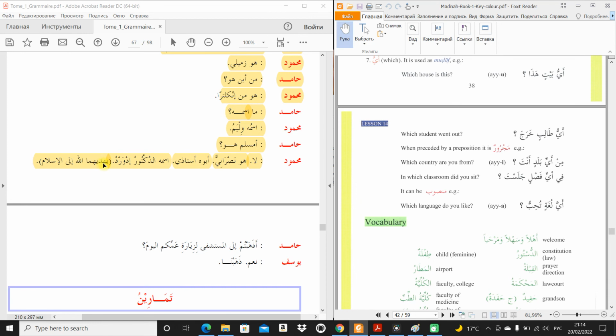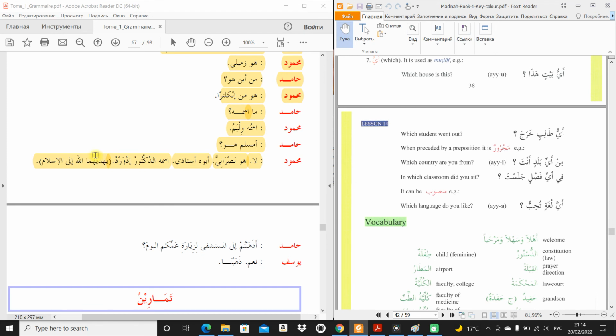But you see, yahdi, it has a kasra here. And therefore this huma is changed to hima, because that's easier to pronounce. Yahdihima, yahdihima. But if we had fatha or dhamma here, we would say huma.